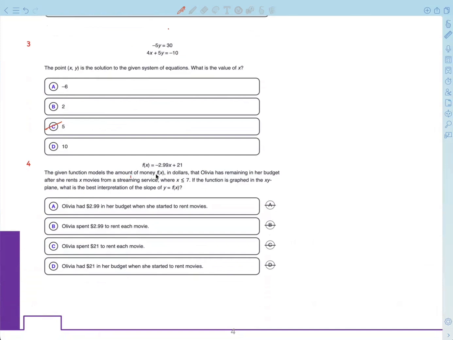We have f of x equals negative 2.99x plus 21. This is a linear function. The given function models the amount of money f of x in dollars that Olivia has remaining in her budget after she rents x movies from a streaming service, where x is less than or equal to 7. If the function is graphed in the xy-plane, what is the best interpretation of the slope?